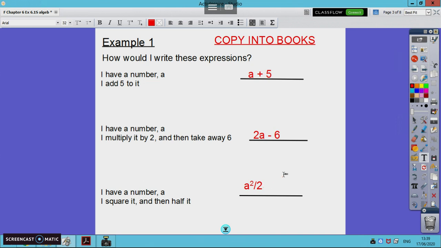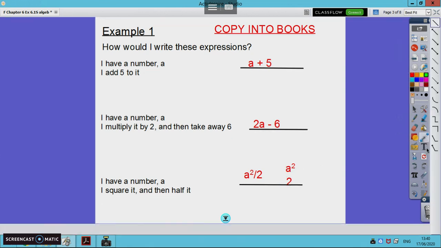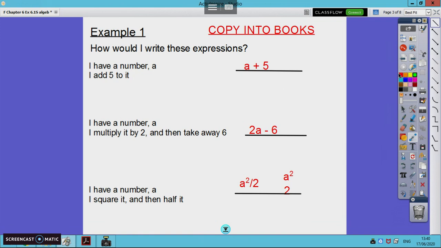This one will probably look better if you wrote A squared, then had your 2 at the bottom with your fraction line between them. This is actually probably better and more correct.